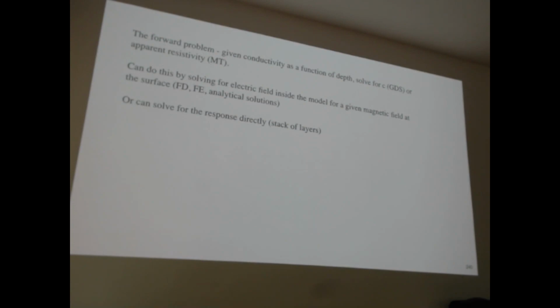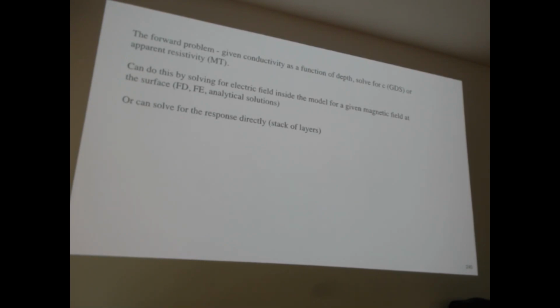So we've got an Earth now with a conductivity that varies just with depth. And that could be from geomagnetic depth sounding or apparent resistivity data. So what we want to do is predict the magnetotelluric or GDS data for a given one-dimensional conductivity structure.